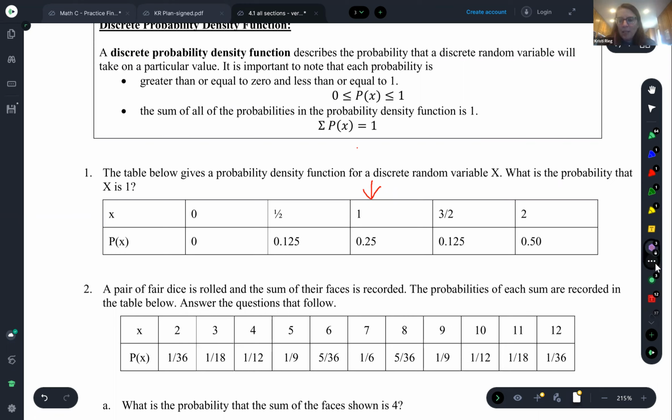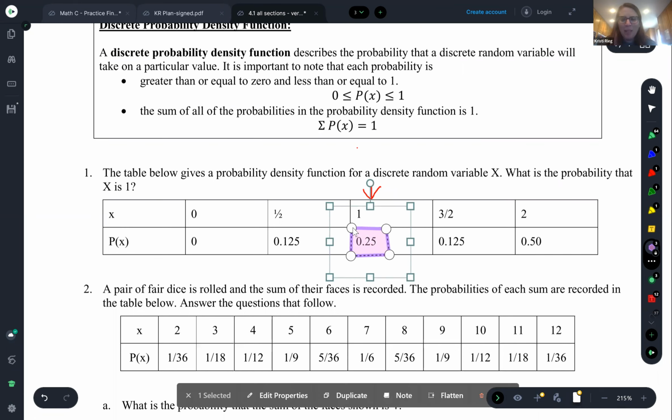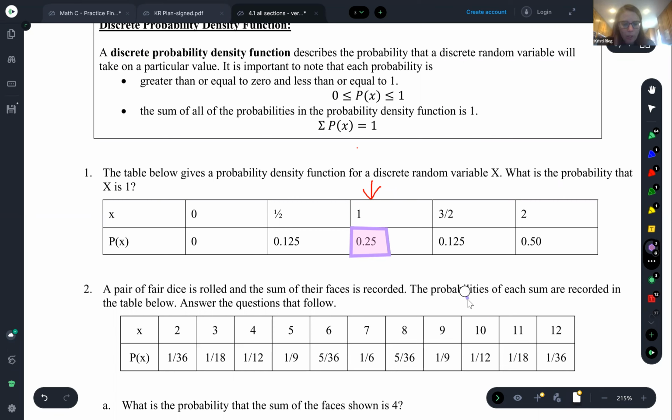And what is the probability? The probability is on the second line. For this one right here, the probability is 0.25. Okay, the probability of 1 is 0.25.